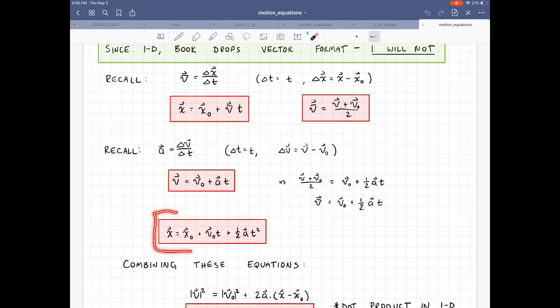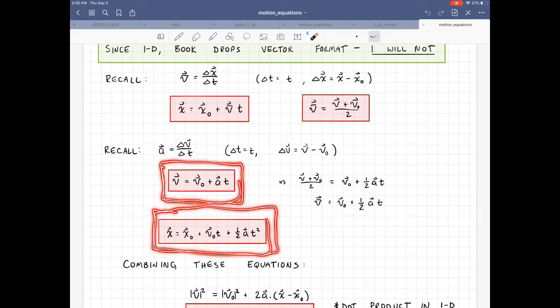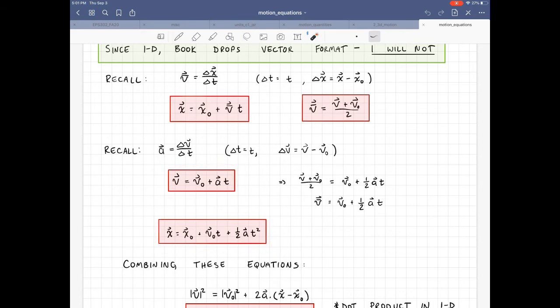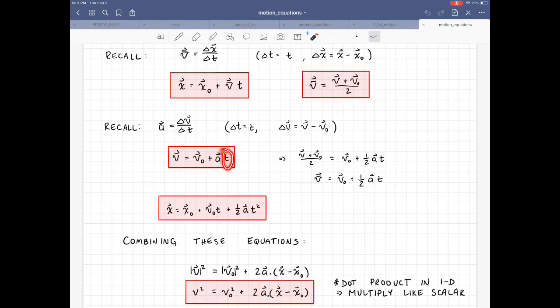And so this, along with this expression, are the common kinematic equations that you will use to solve pretty much every one of your motion problems. I say pretty much every one because you'll notice that these equations both have time in it.